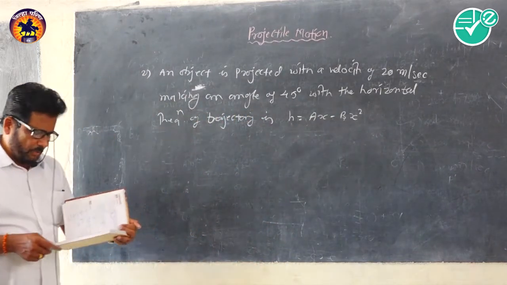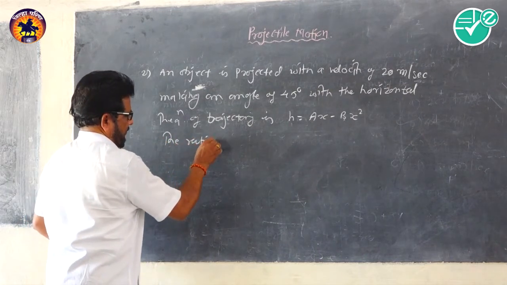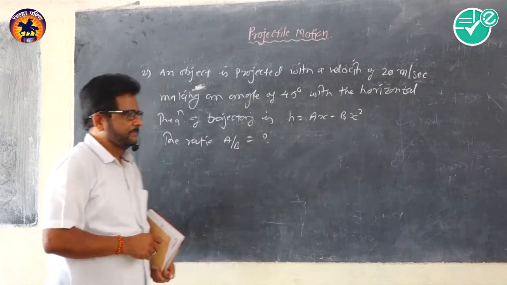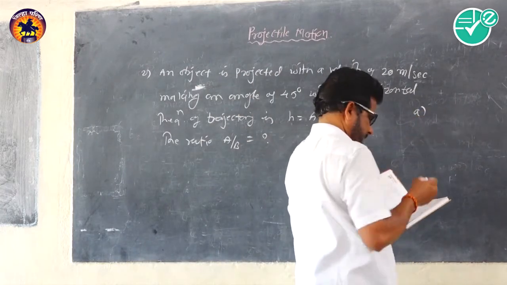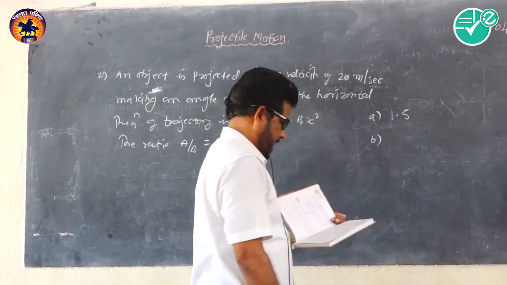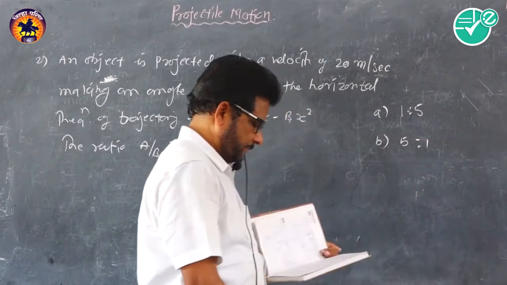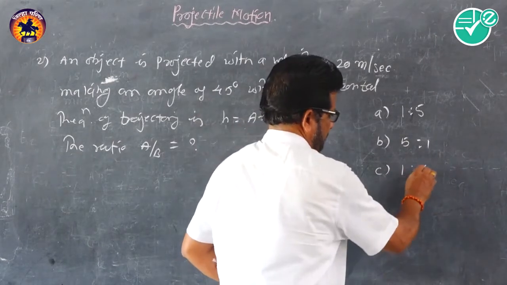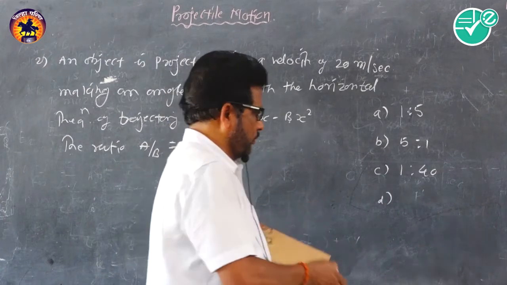Then in this problem we have to find the ratio a upon b. The options are A 1:5, B 5:1, option C 1:40, and the option D is 40:1.